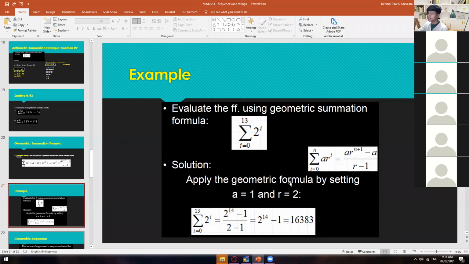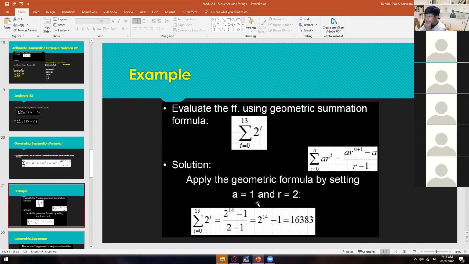Oops, I'm sorry. This one is not a constant or a fixed value. This one came from this formula, so your r here is 2, and your a here is 1.